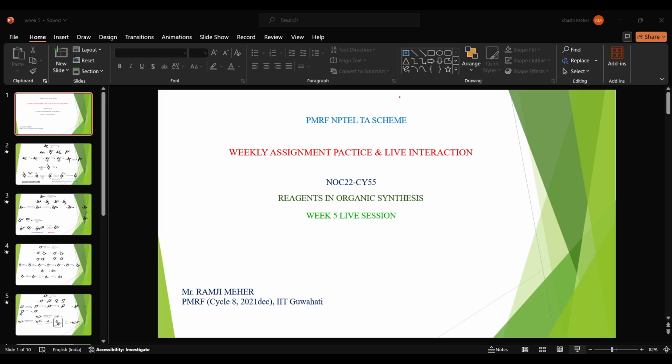During all that addition, you will see the reaction mixture always refluxing without any external heating. That is the indication that your reaction has started.